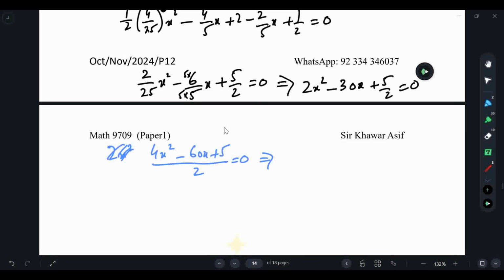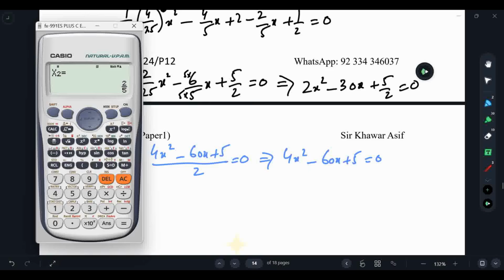Cross multiply it, we will get 4x square minus 60x plus 5 is equal to 0. Now we can use the calculator again. The coefficients are 4, minus 60 and 5. You can use the quadratic formula or you can use the middle term breaking to find the final answer.